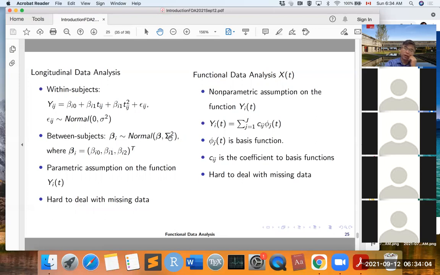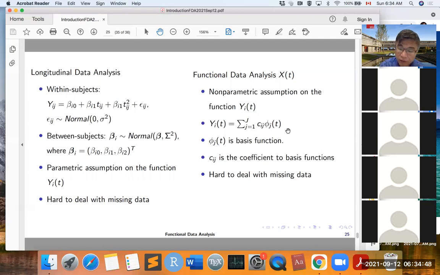So this part should be sigma. Here we treat beta as the fixed effect or population effect, and beta i has the random effects. The major difference for longitudinal data analysis is that they typically have a parametric assumption on the function yit. Here they assume yij is a quadratic function of time. Again, longitudinal data analysis is hard to deal with missing data, while with functional data it is easy to work.